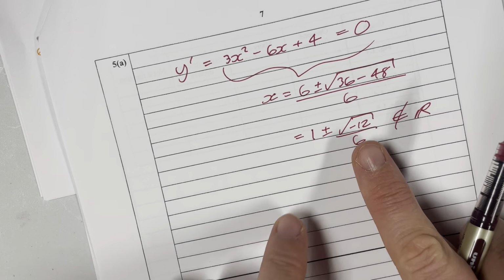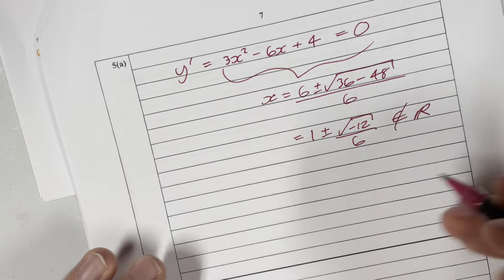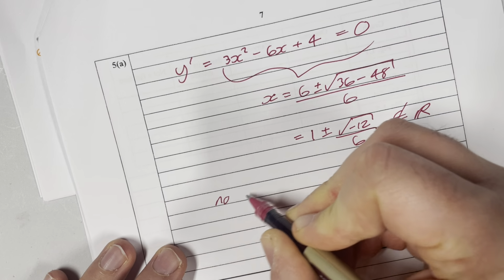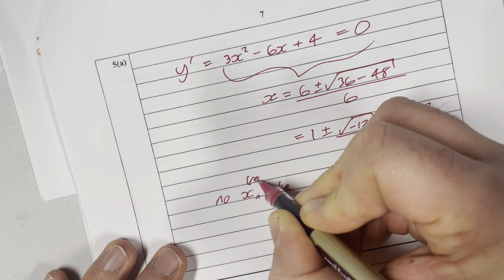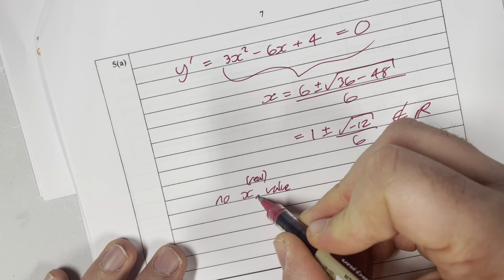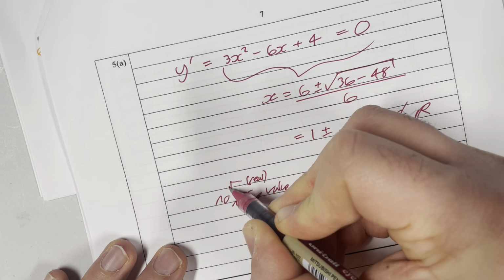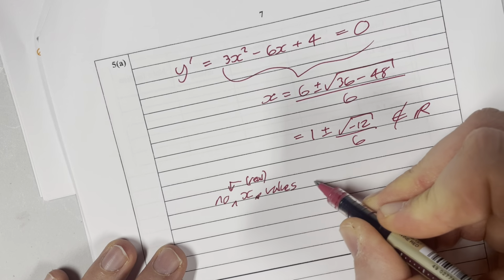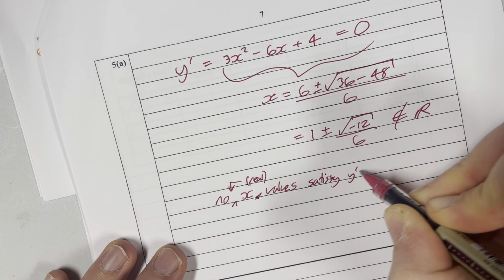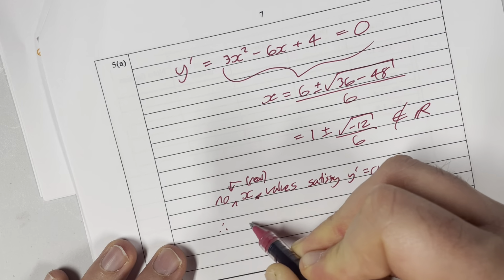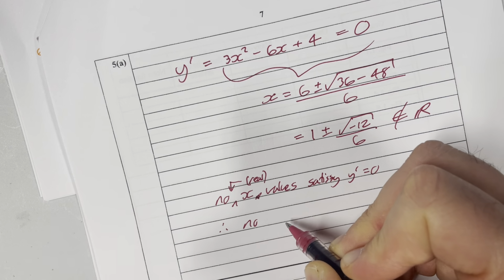So there are no x values which satisfy this. So no real x values satisfy y primed equals 0. Therefore, no stationary points.